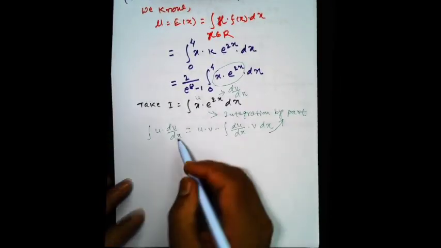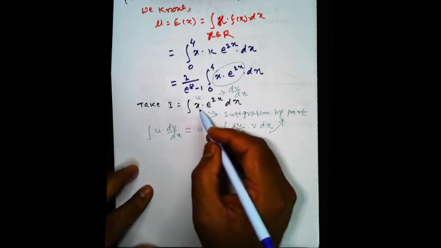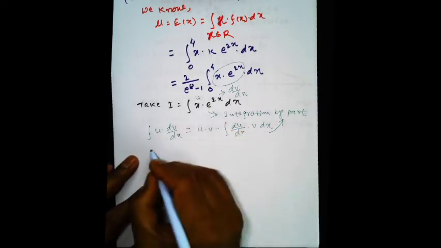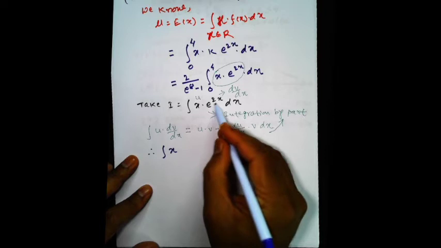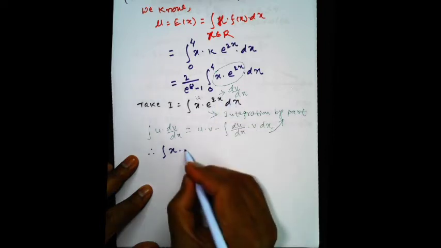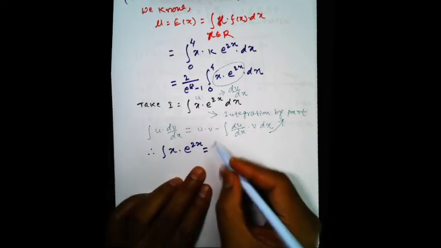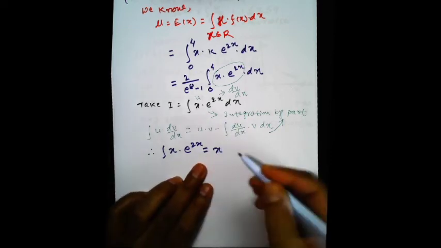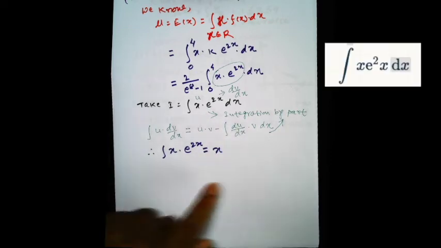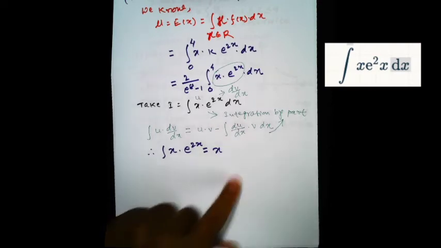If you apply this, in place of u there is x, and in place of dv by dx you have e to the power 2x. U is x, we don't know v, so you have to find v.